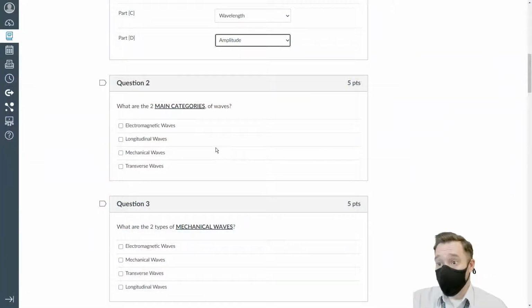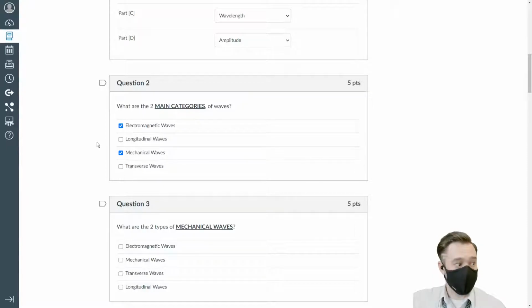The ones that do require a medium are considered mechanical waves. The ones that do not require but can travel through a medium are considered electromagnetic. So the two main categories of waves are going to be mechanical and electromagnetic. So number 2 is going to be electromagnetic and mechanical. Any questions about that?